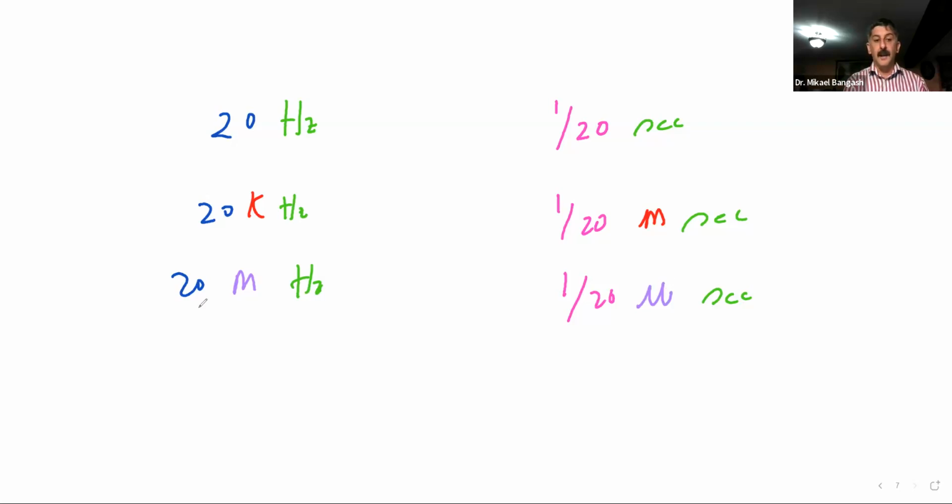Which mainly means that if we had a frequency of 20 megahertz, then the period is going to be 1/20 millionth of a second, because mega and micro are reciprocal units. Clear? And that's mainly because these two factors we compare, frequency and period, are reciprocal.